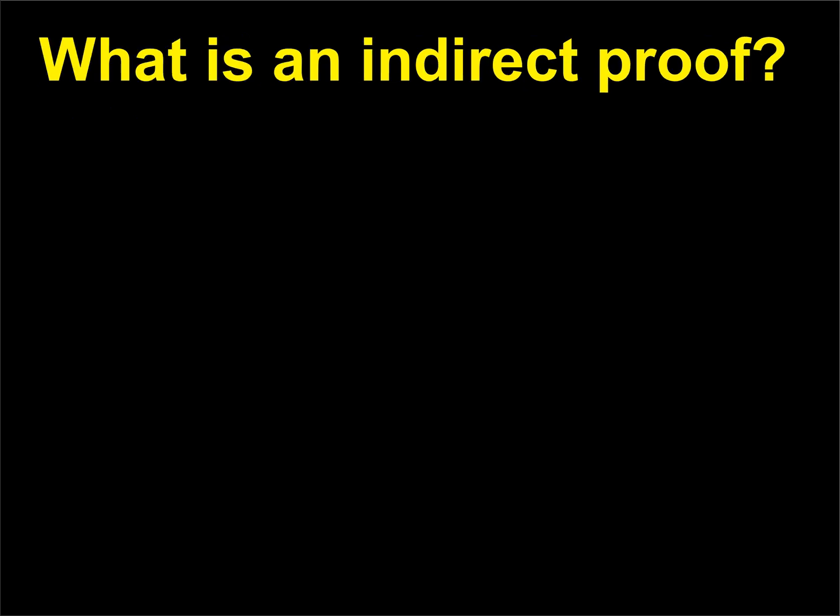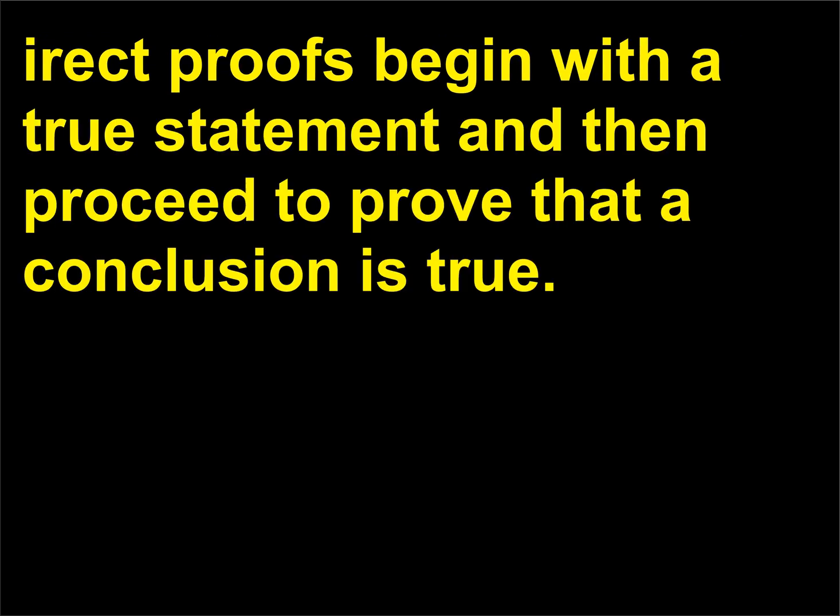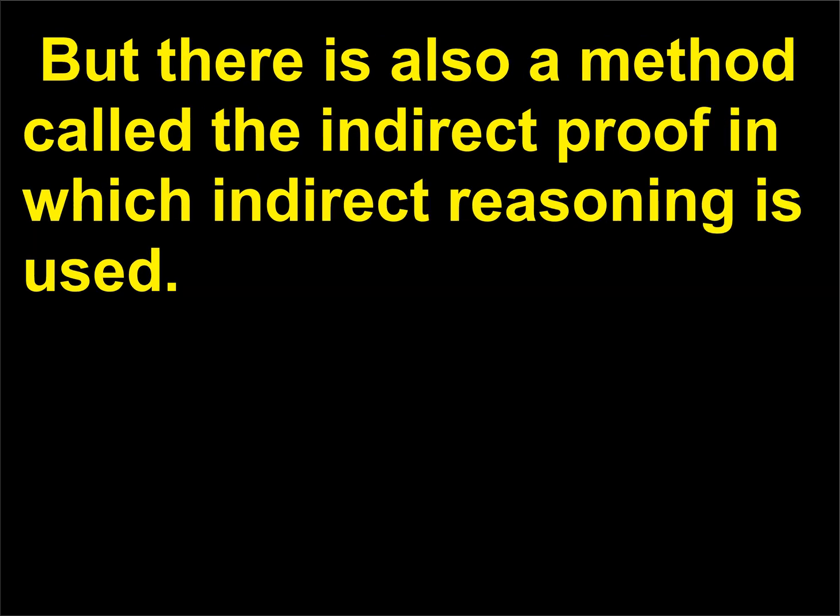What is an indirect proof? Direct proofs begin with a true statement and then proceed to prove that a conclusion is true. But there is also a method called the indirect proof in which indirect reasoning is used.